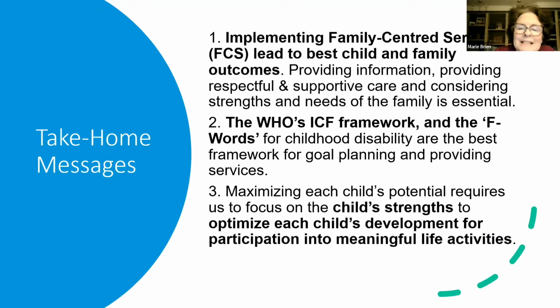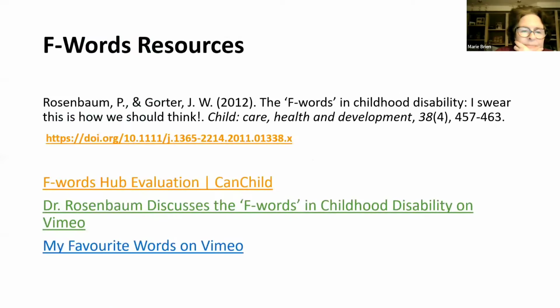And we want to maximize each child's potential because we want to work on children's strengths and really optimize their development. And our ultimate goal is participation in meaningful life activities. And that is what inclusion really means.